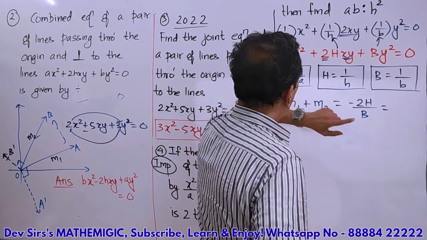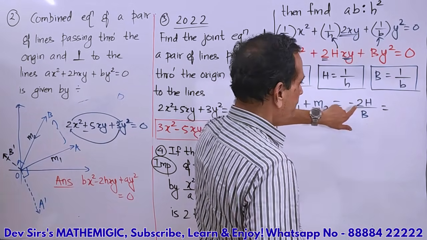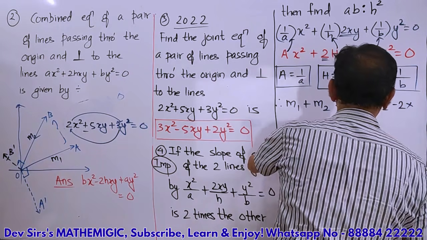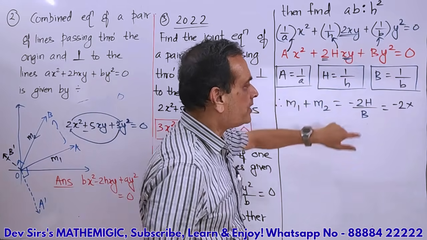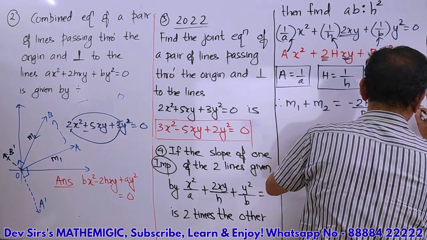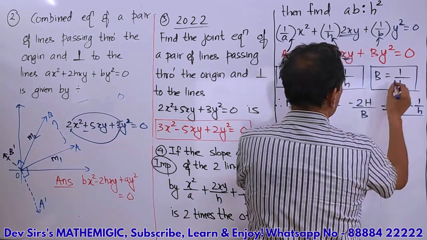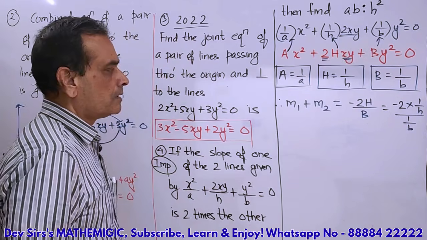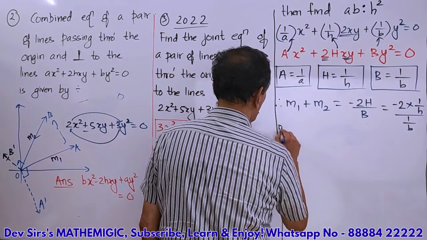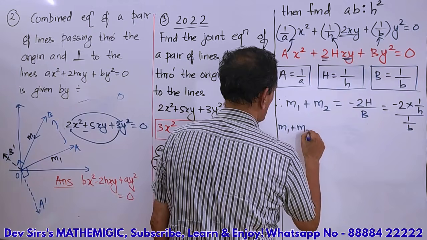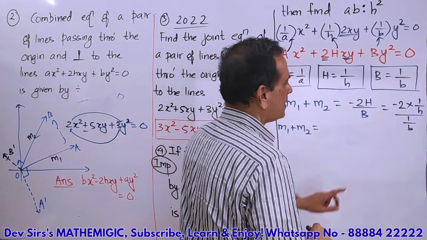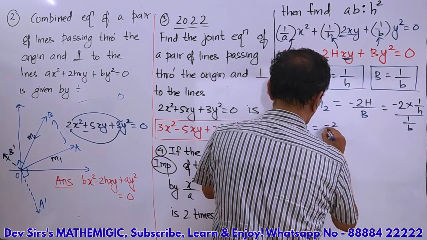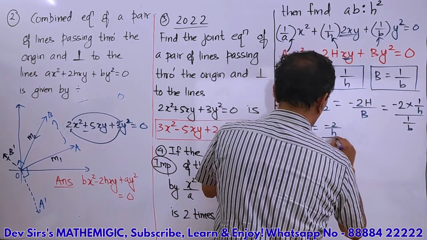So minus 2, H is 1 upon h, B is 1 upon b. So m1 plus m2 is minus 2 into 1, that is minus 2 upon h, divided by 1 upon b.